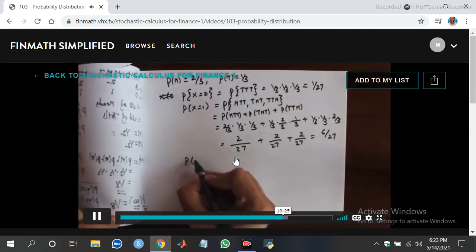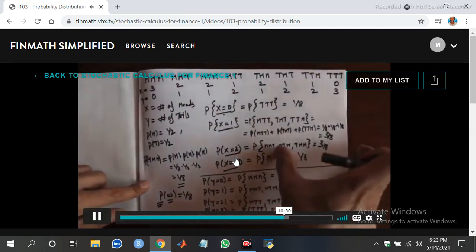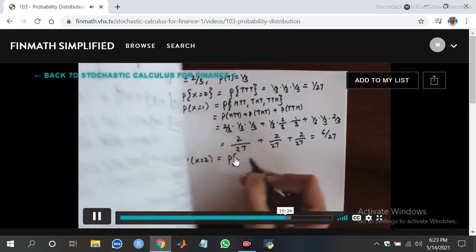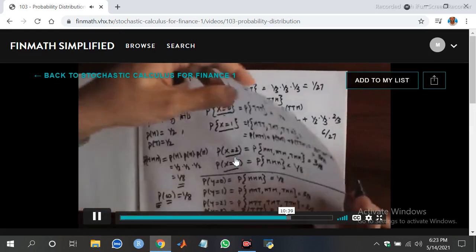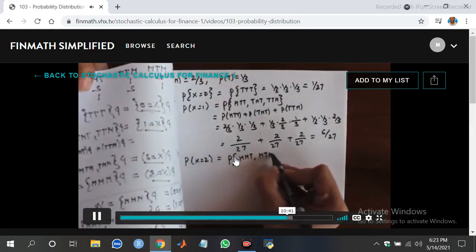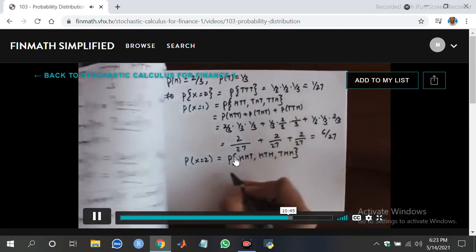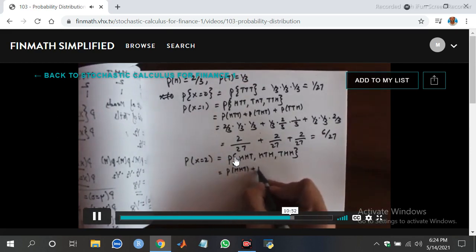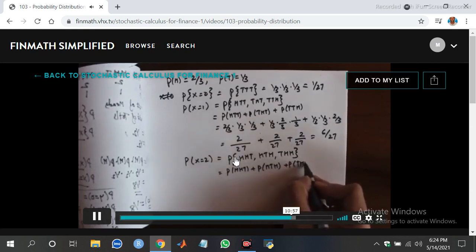Probability of x equals 2. Likewise, we can calculate this, which is the same as the probability of getting head, head, tail, head, tail, head, tail, head, head. And again, this would be the probability of head, head, tail, plus the probability of head, tail, head, plus the probability of tail, head, head.